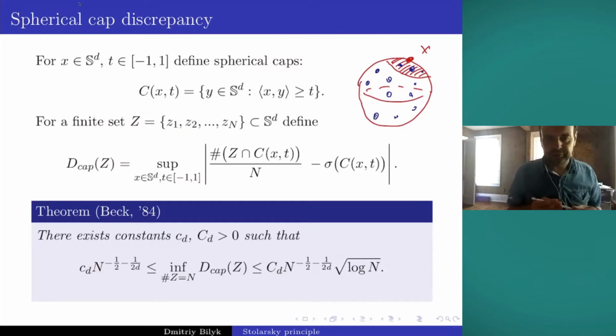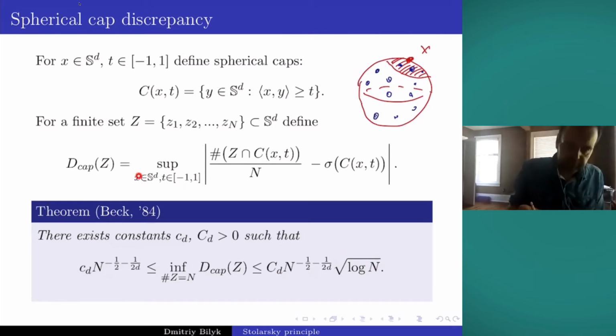Nobody really knows if it should be there. My conjecture is that it probably should be. This square root of log usually comes from large deviation bounds. This upper bound is semi-probabilistic. It uses jittered sampling. But the suspicion is that this is probably the correct order of magnitude for this discrepancy.